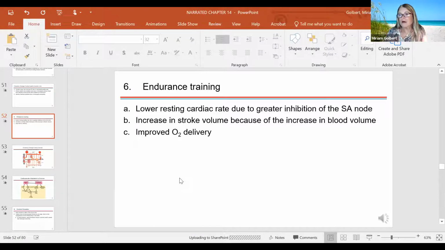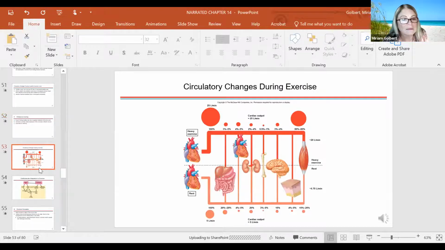They increase the stroke volume because they have an increase in the blood volume. But again, more blood in, more blood out. The heart needs to contract harder. The heart needs to contract stronger. So that's what makes athletes have enlarged hearts at the end, right?